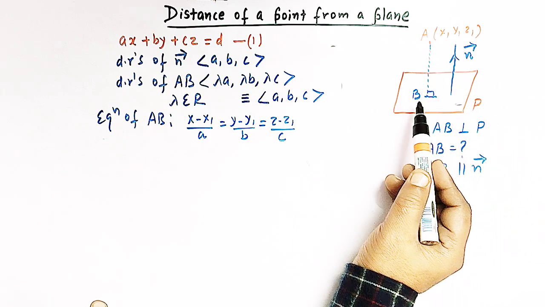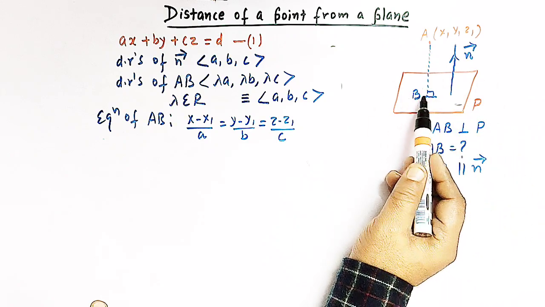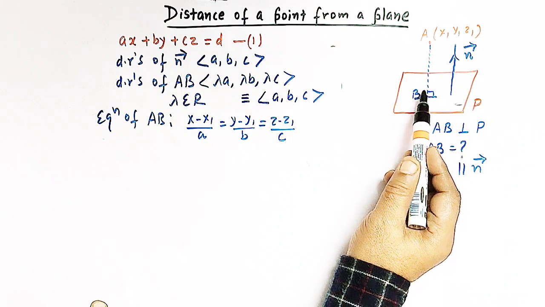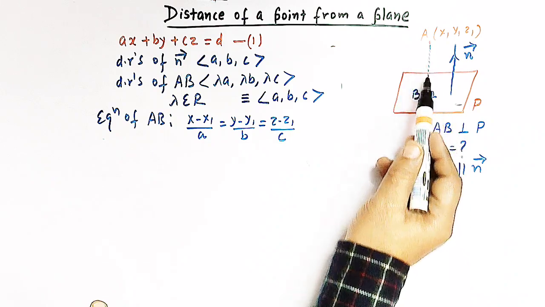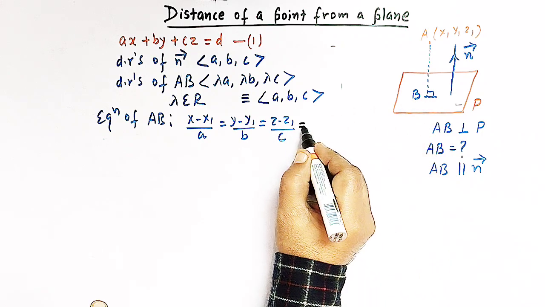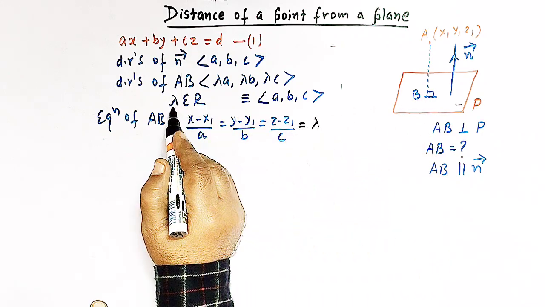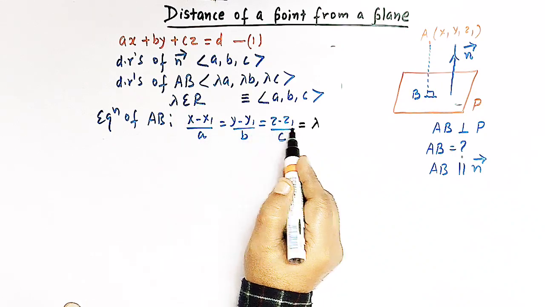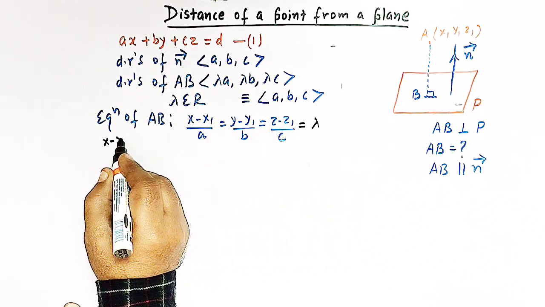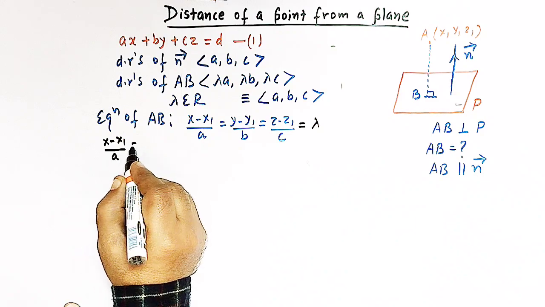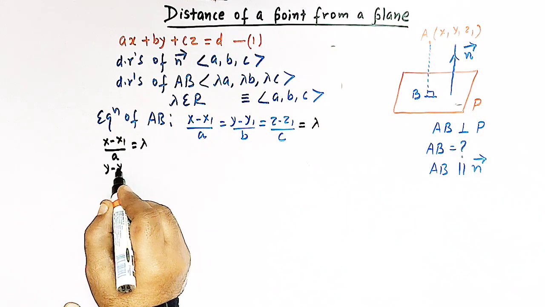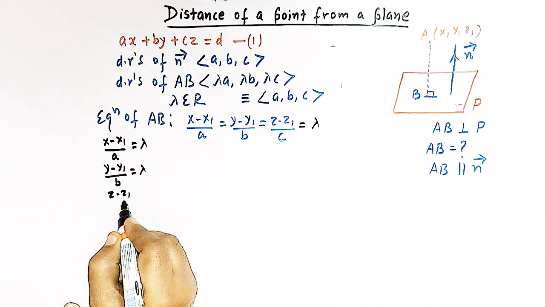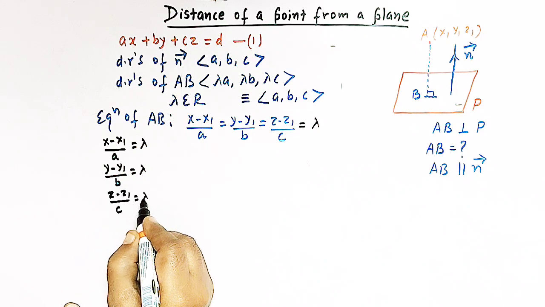So now let us find out the coordinates of the general point lying on this line AB, right? So here we wish to first find out the coordinates of this point B, which is the foot of the perpendicular AB. So let us take here lambda, where lambda belongs to the set of real numbers. So let us form three equations, that is x minus x1 over a is equal to lambda, y minus y1 over b is equal to lambda, and z minus z1 over c is equal to lambda.